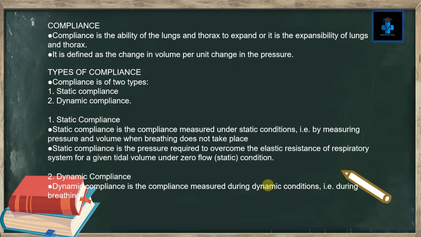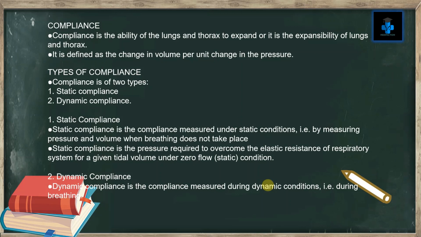It is the compliance measured under static condition, that is, by measuring pressure and volume when breathing does not take place. Static compliance is the pressure required to overcome the elastic resistance of respiratory system for a given tidal volume under zero flow condition, that is static.